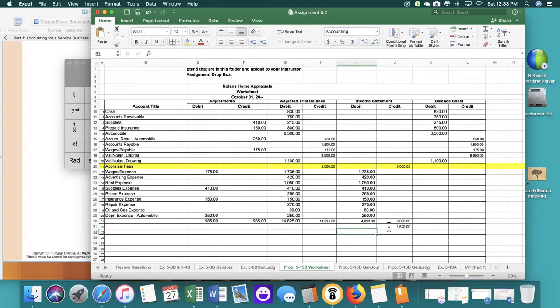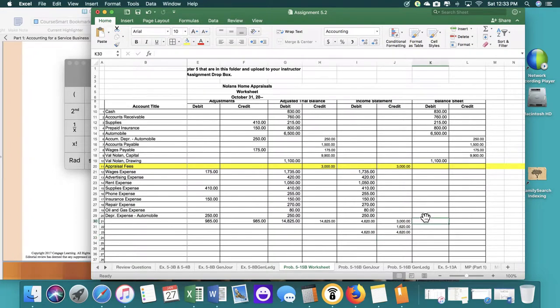Then we have to do our totals again, just to double check our work. Okay, so I just brought down the 4,620, and then I used Excel to add the 3,000 plus the 1,620, and that gives us the correct amount.